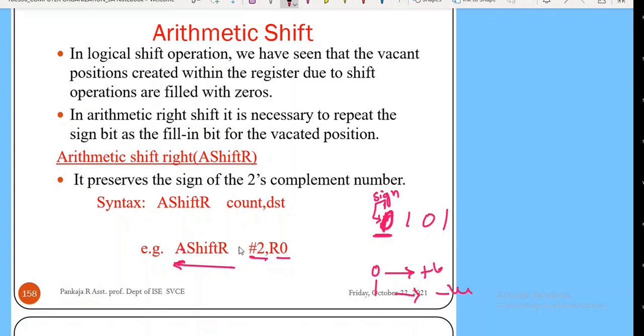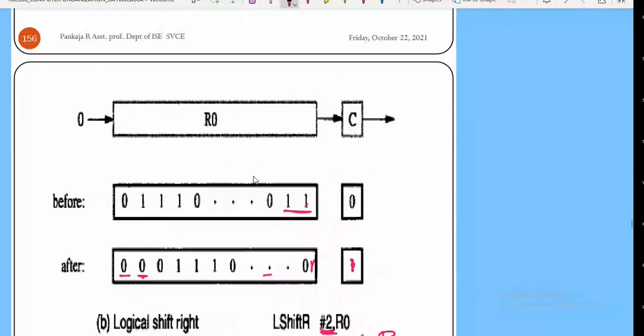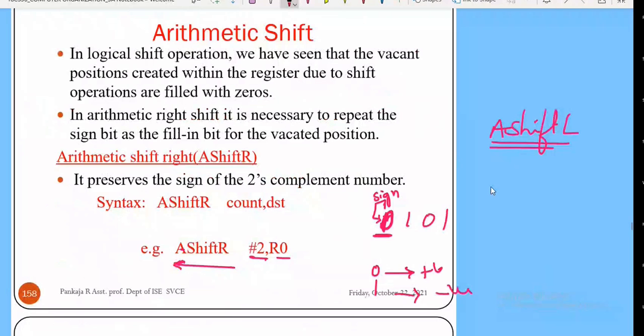A shift L, arithmetic shift L, is shifting left side, so in this also you can use it. Normally shift operation will go with the left or right, but whenever the situation comes for retaining the sign of the number, the MSB bit which we consider as the sign bit, in that case you are going to consider arithmetic shift.